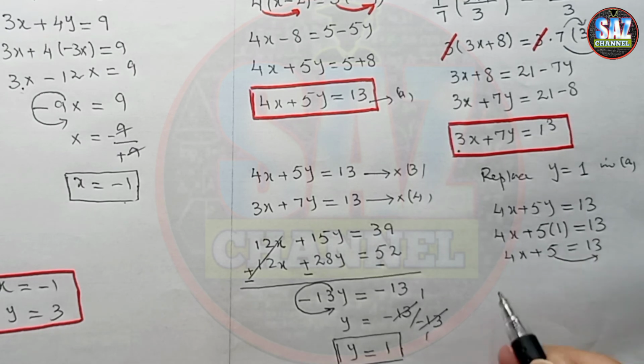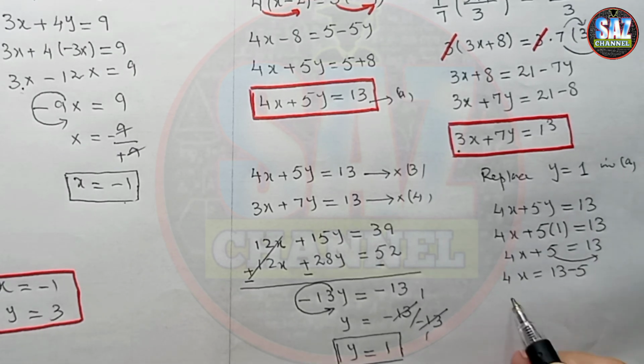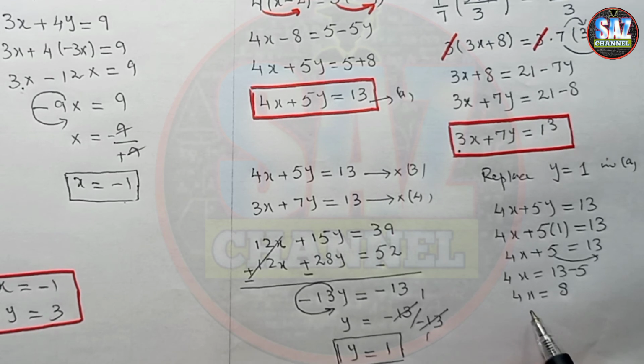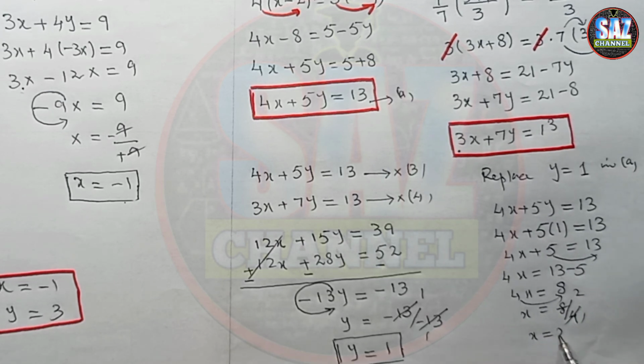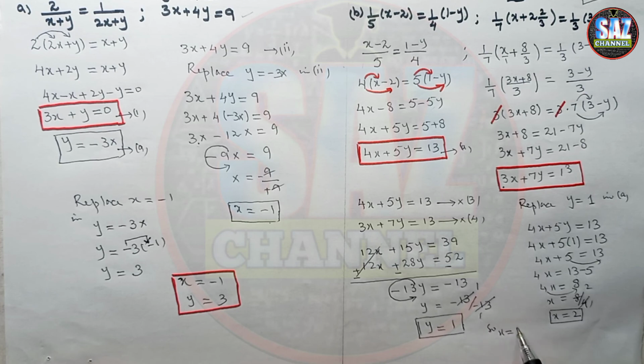Shift 5 to the other side. 4x is equal to 13 minus 5, which is 8, and x equals 8 upon 4. Read the table, 4 ones are 4 and 4 twos are 8. x equals 2. So the solution for this situation is x equals 2 and y equals 1.